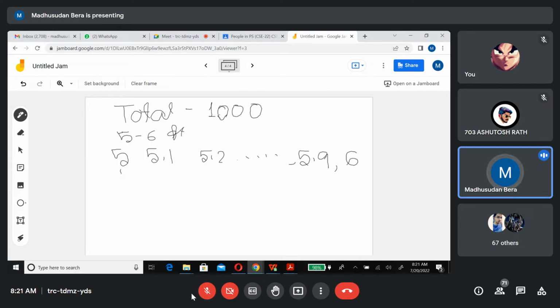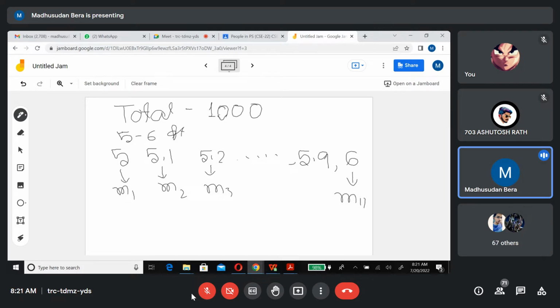Suppose M1 students have height 5, M2 have 5.1, M3, that way up to M11 for 6 foot.